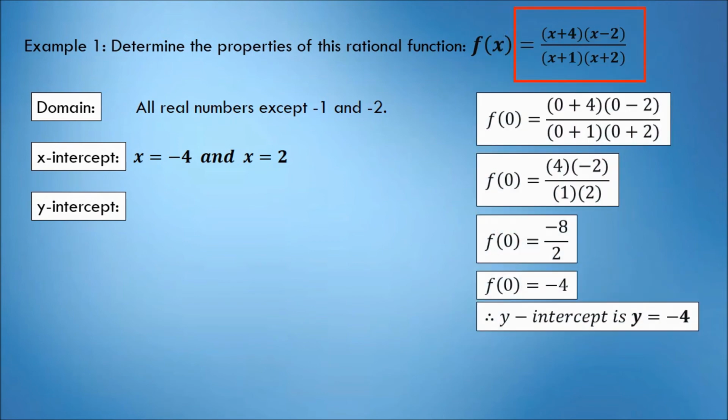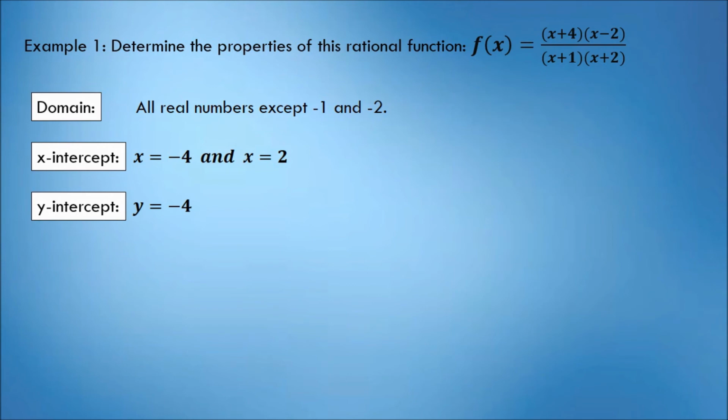The answer for y-intercept is the value of y when x is equal to 0. In this example, if we substitute 0 to x, the function will be equal to -4. Therefore, the y-intercept is y equals -4.